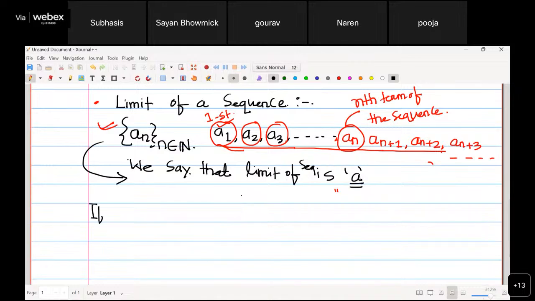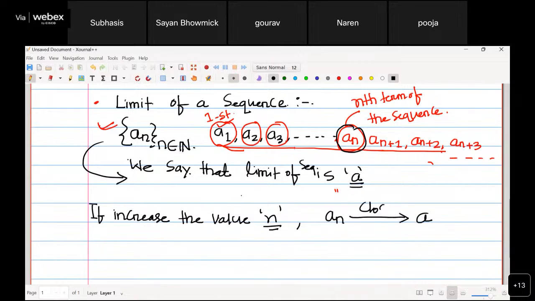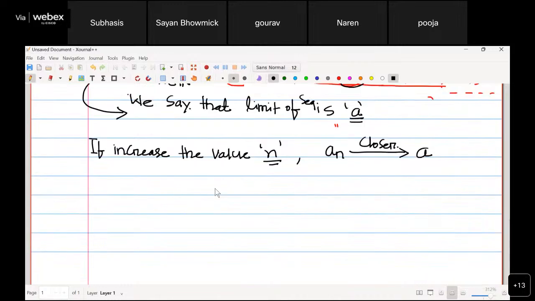I can say that the limit of the sequence is A if, as I increase the value of n, the value of an comes closer and closer to A. In other words, if I take 10, I have A10.